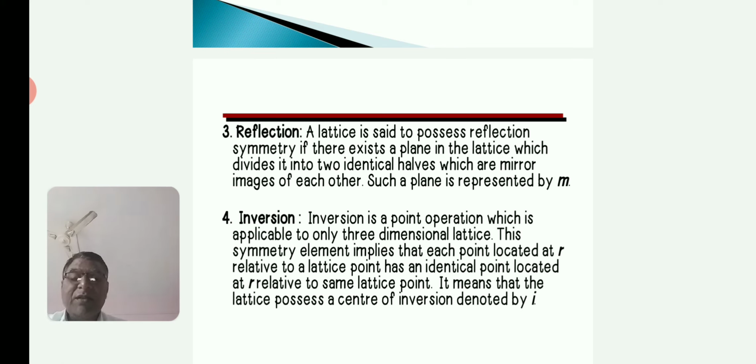These are designated as 1, 1m, 2, 2m, 3, 3m, 4, 4m, 6, 6m. In these values, the numerals represent the type of rotation axis.